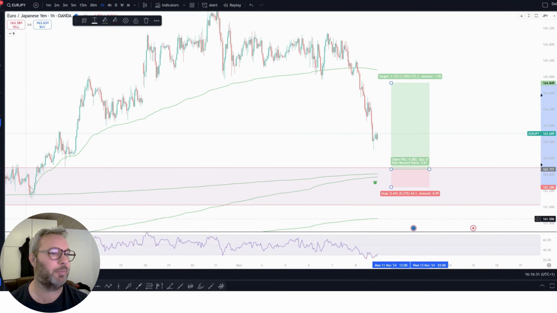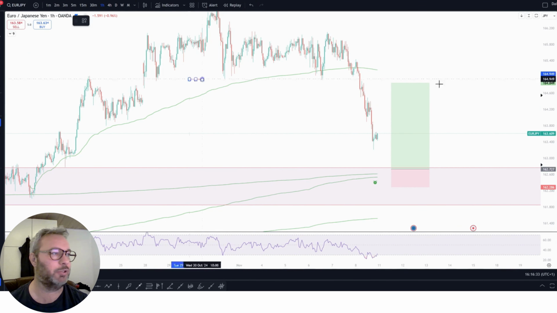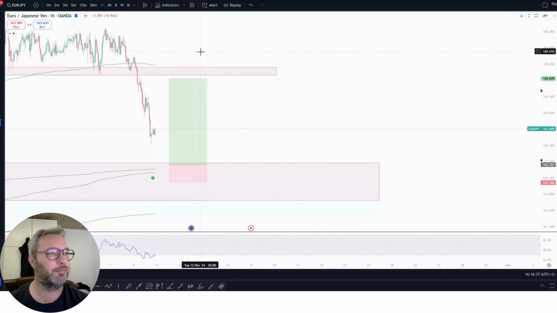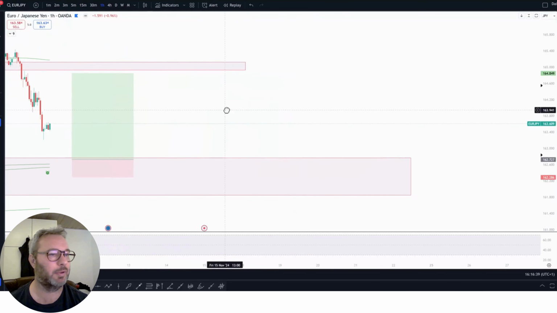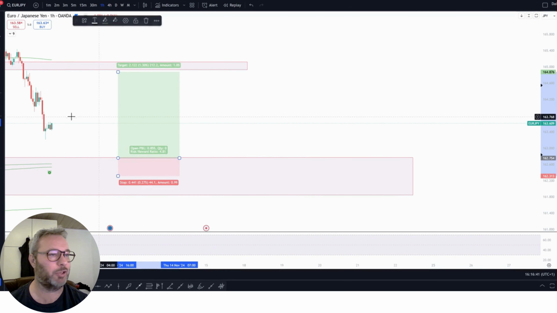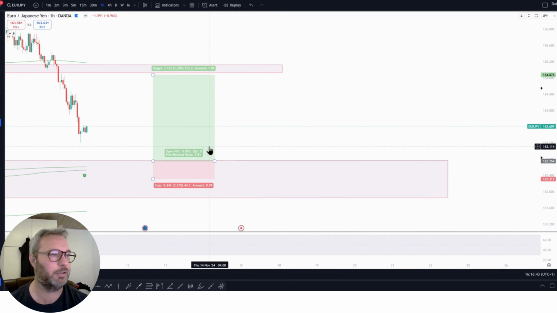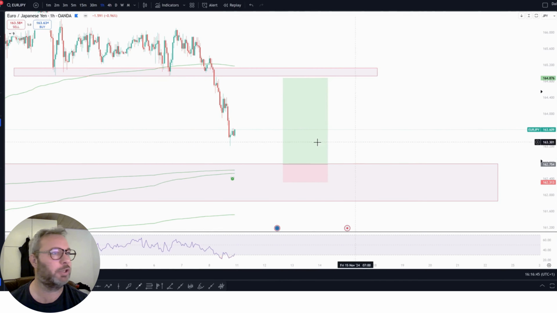Yeah, up and aim at these lows here. Sorry, these bottoms here. And that is probably a trade for later in the week. But that is what I look at on euro yen.